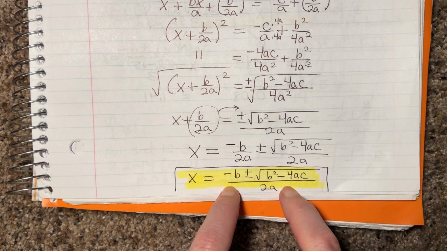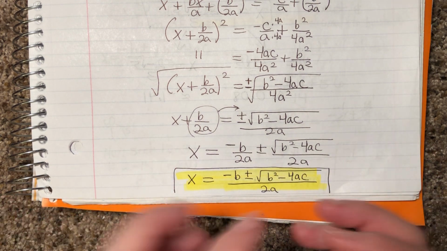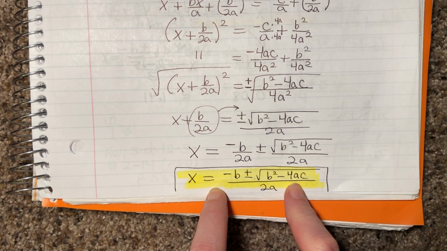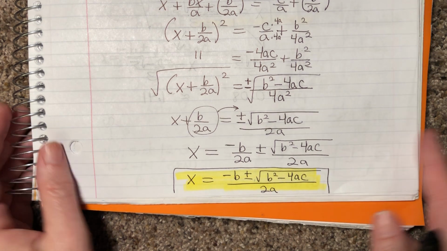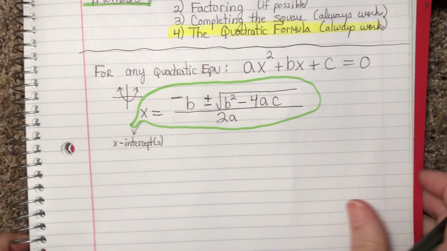So this is completing the square, kind of condensed and packed into one formula. And that's why they both work all the time, because they're really the same thing. All right, that's enough of that. Now we're not going to worry about that. Let's just see how it works.